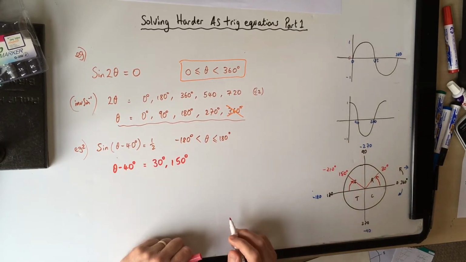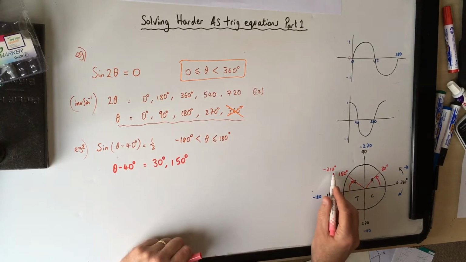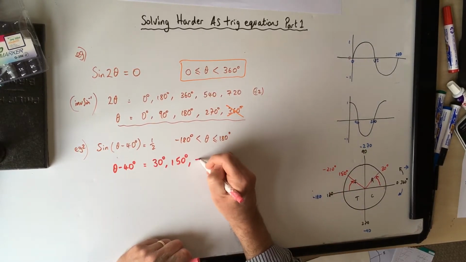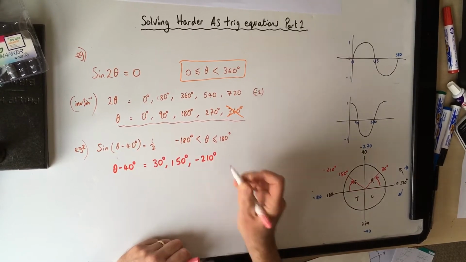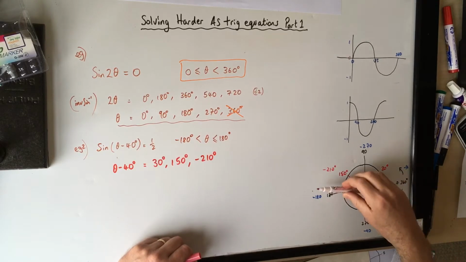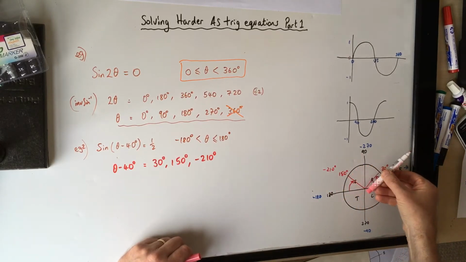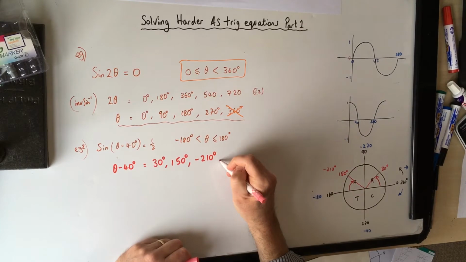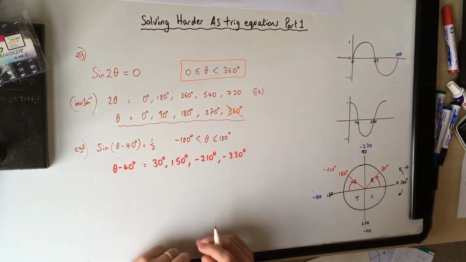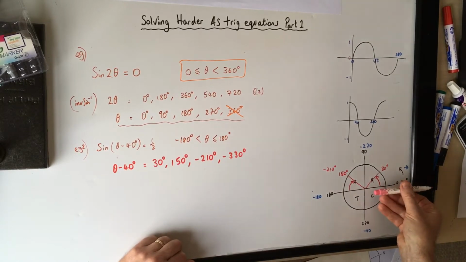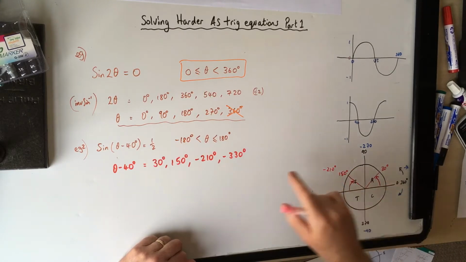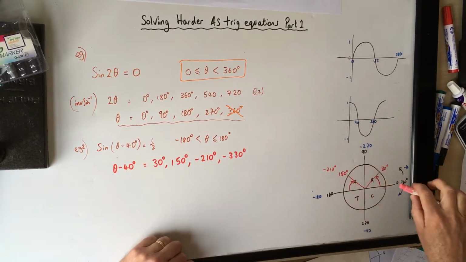Now I'm tempted not to put that in, because it's going outside of my range, but I am going to put it in. Minus 210 is also a value. It's just not in our range at the moment. And if I carried on going round here, I'd get to minus 330 degrees. So I've done a full loop to 360 and got those two values for positive a half.